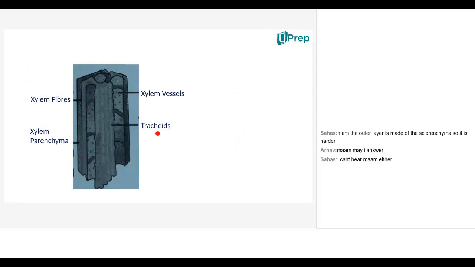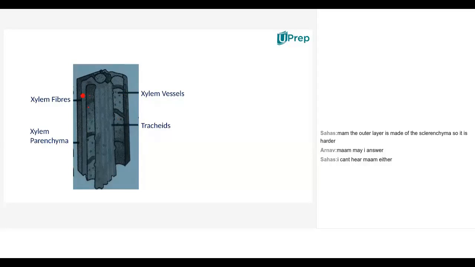Okay. If you see the whole xylem tissue, this is how it looks under a microscope. We have taken a stem part for that example. Here these are the xylem vessels. These are the tracheids. Each line is a tracheid. Various tracheids are there, surrounded by vessels which have broader lumens.